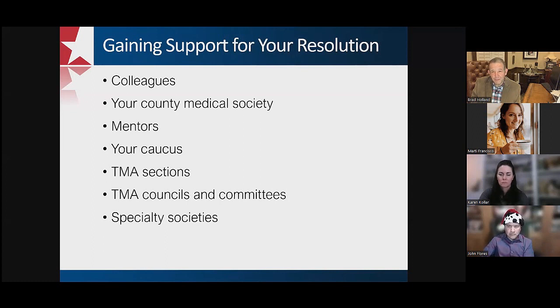But to be appointed as chair of a council or committee, as well as just to serve on them, those are really experts in those particular areas. And then if you have a particular interest, one came up the other day where there's obviously one specialty that the policy is going to affect, think about your specialty society and what they would say. Those are important issues as well.